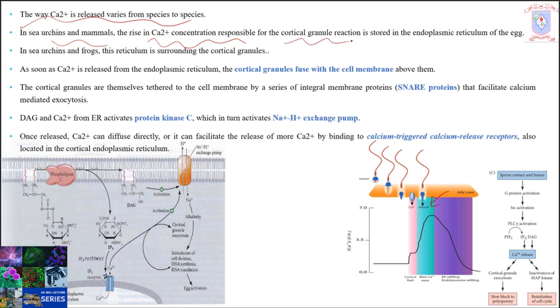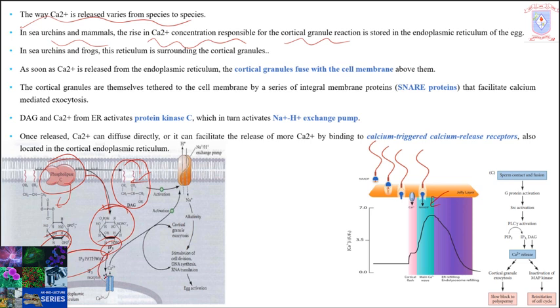So here you can see another diagram that represents the slow block. Here you can see the action of phospholipase C, which cleaves PIP2. As a result of the cleaving of PIP2, one portion, DAG, remains attached to the inner leaflet of the plasma membrane, and IP3 gets released into the cytoplasm and starts its pathway.